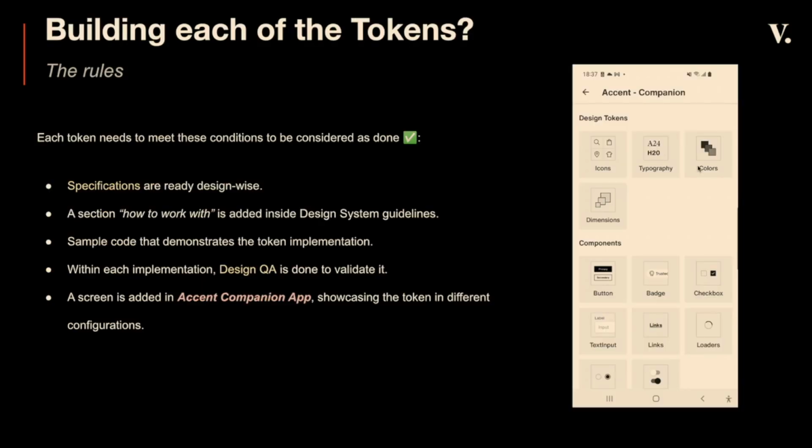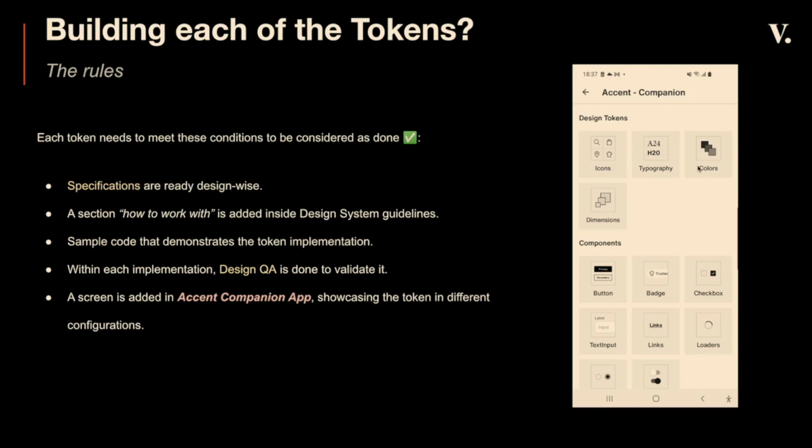First of all, to build each of our tokens in code, these conditions need to be met to consider it done. Specifications need to be ready design-wise. A section on how to work with it is added inside the design system guidelines with each token created. A sample code is ready, showcasing the token implementation. Within each implementation, design QA is done to validate it.